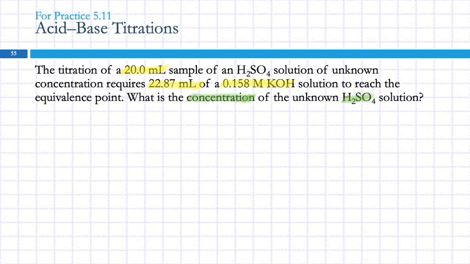This is a stoichiometry problem. But they didn't give us a chemical equation, because we just learned how to write the chemical equations. So now they're just going to tell us what the acid and the base are, and then we have to write the equation. Well, we've got H2SO4.